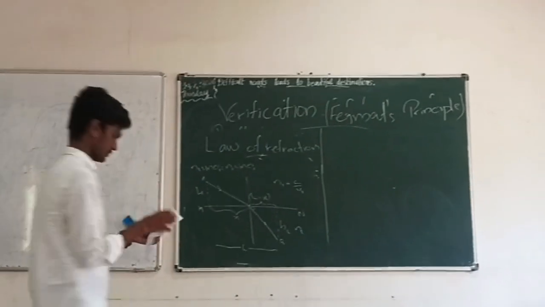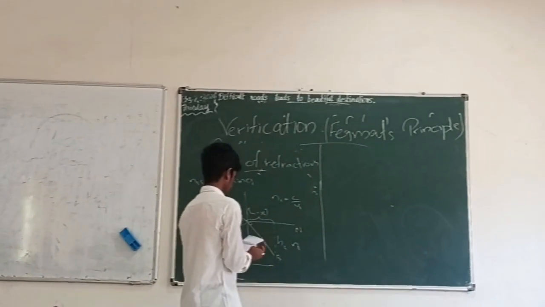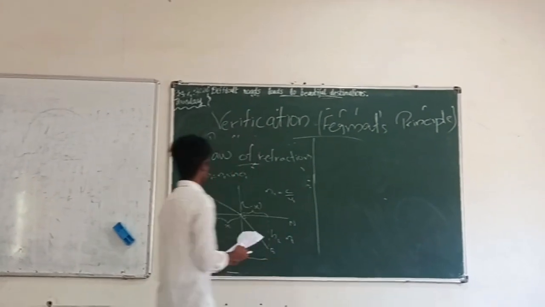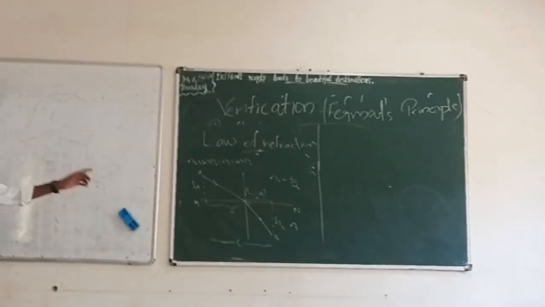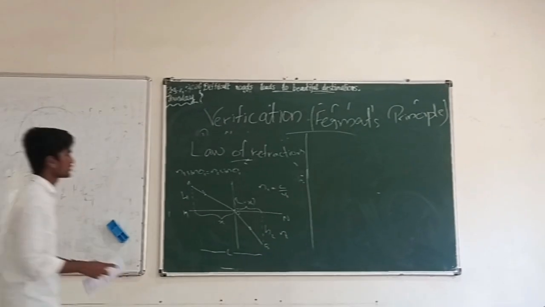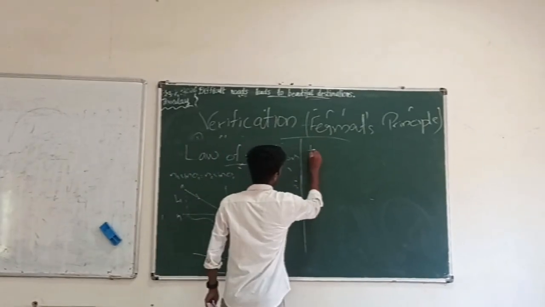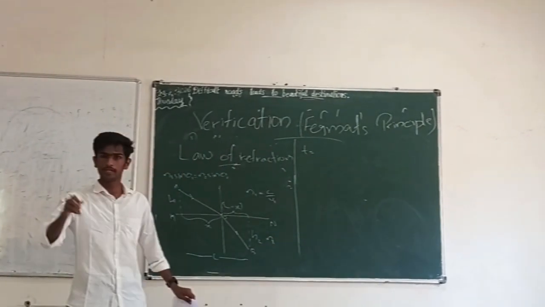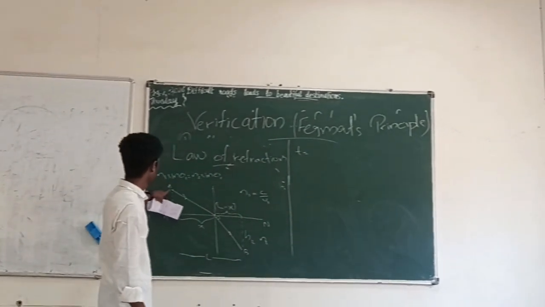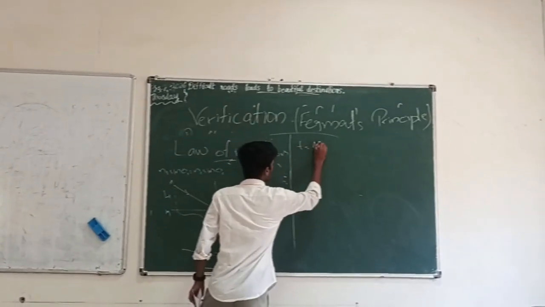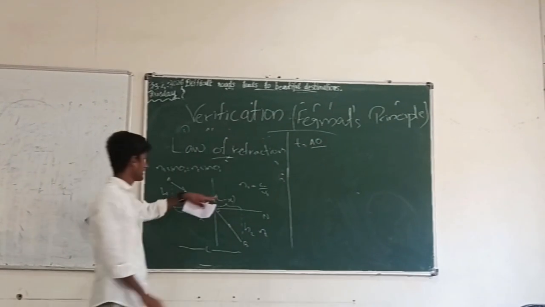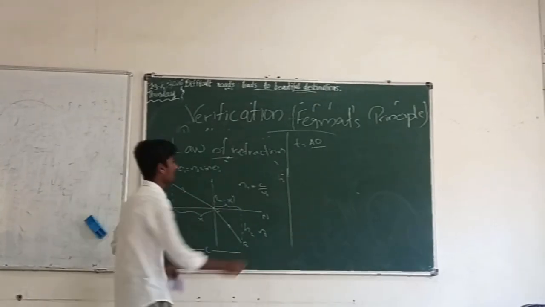Now, similarly, first we can find the time taken by the light ray to travel from A to B. So time is equal to distance covered by speed. That means first this distance covered is AO, and in medium one it will have a velocity v1.